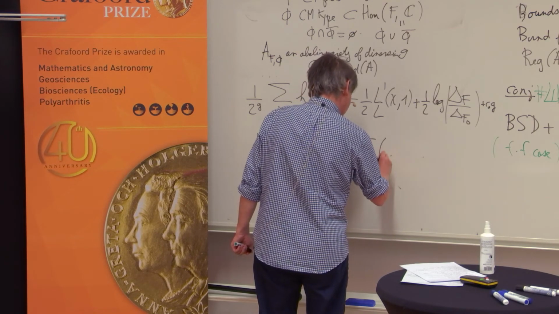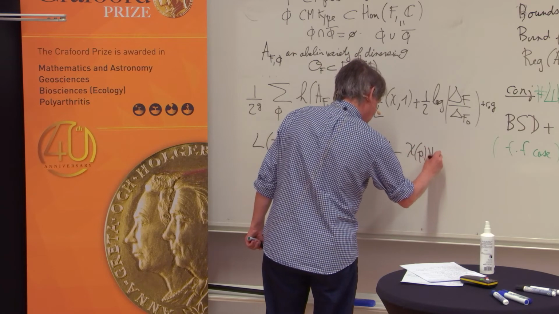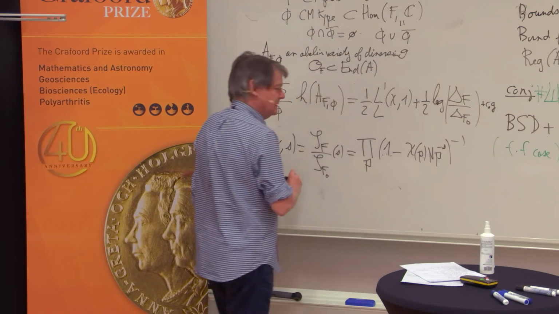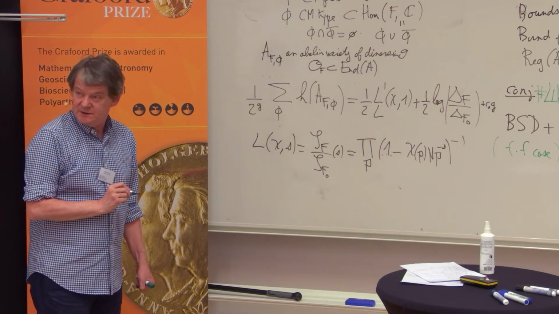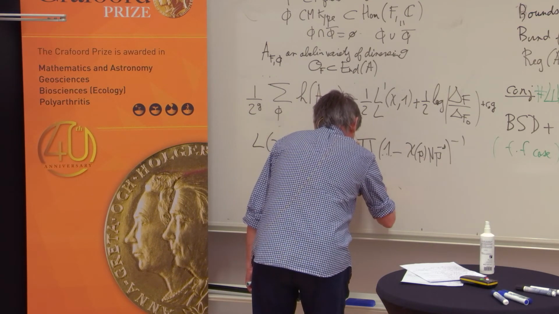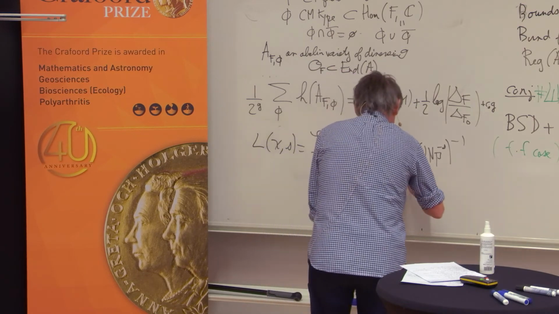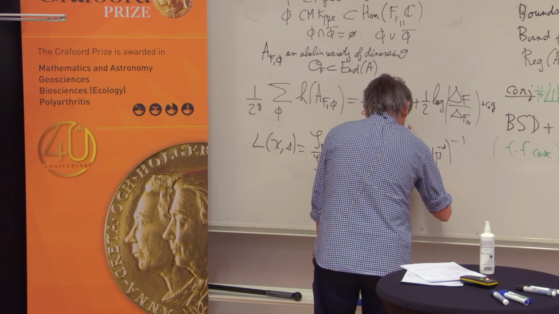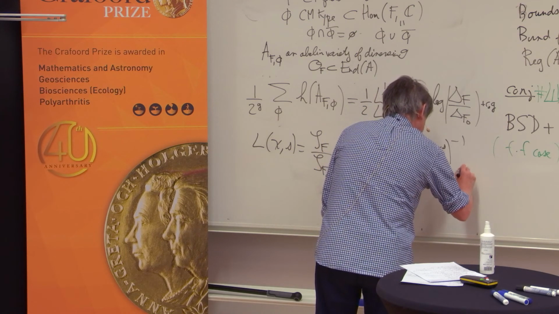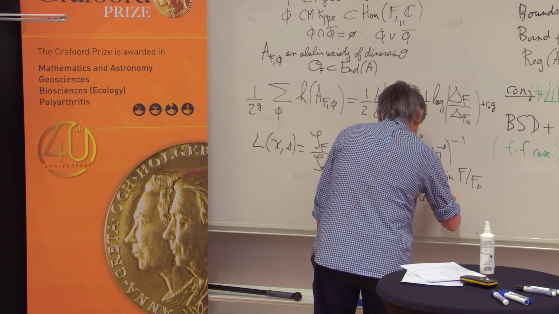It's not difficult to see that you can write it as a product over primes of 1 minus chi(p) over norm of p to the s, inverse. So it really looks like a quadratic Dirichlet character, with chi(p) equals plus 1, minus 1, or 0, depending on whether p is split in the quadratic extension, or inert or ramified.